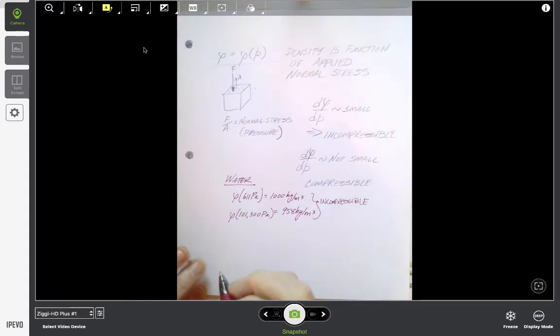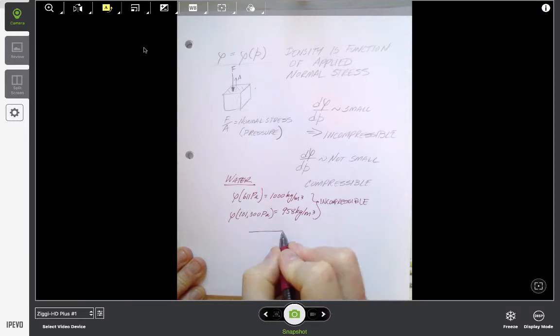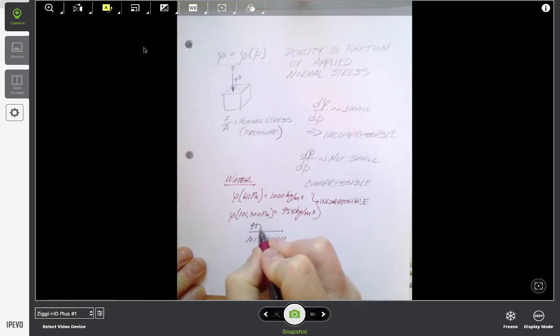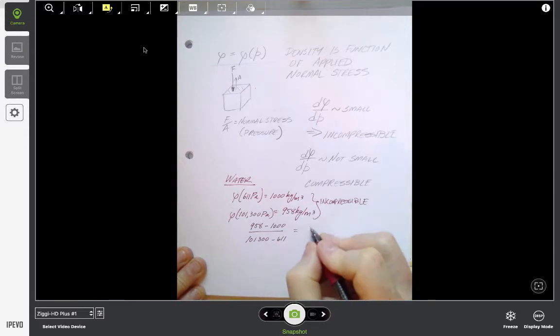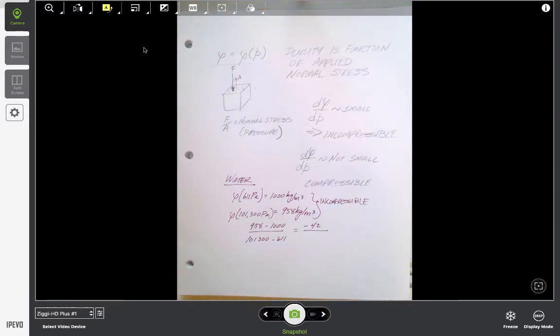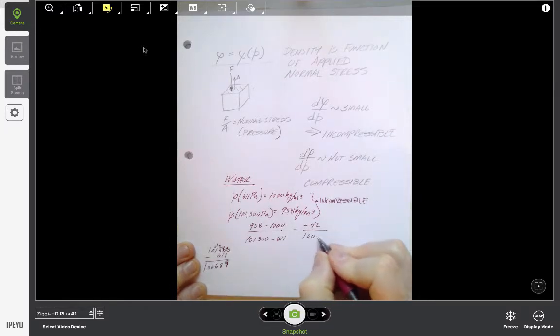And if you want to do it in numbers, because everyone loves numbers, we have the change in pressure, which was 101,300 minus 611, and the change in density, 958 minus 1,000, which is minus 42. Over 101,300 minus 611, can't do that in my head. Here we go: 100,689.